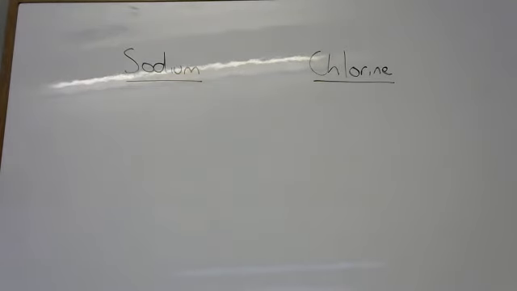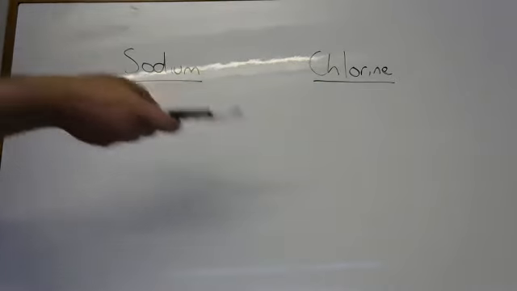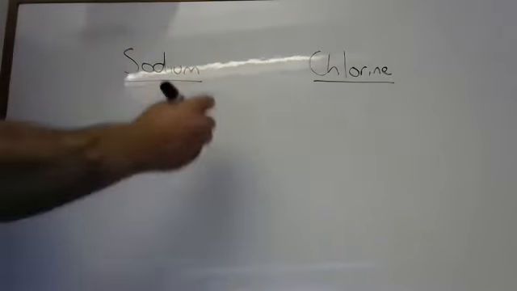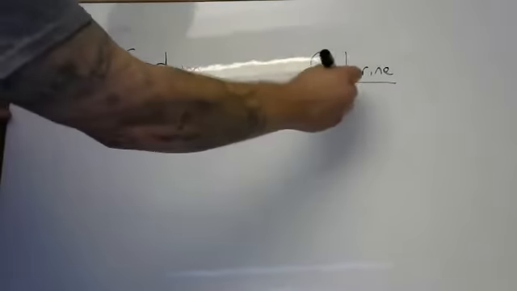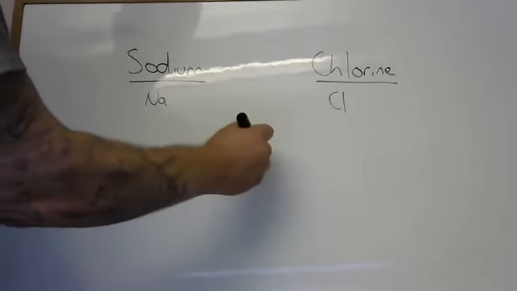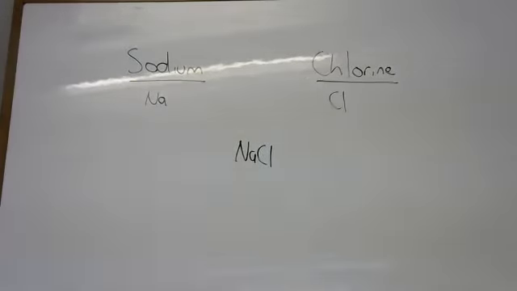It is explosive. It is deadly. Reacts violently with water. Chlorine, halogen, group 7. Deadly poison they used in World War II. We mix them together. We have sodium chloride, or table salt. So quite different.